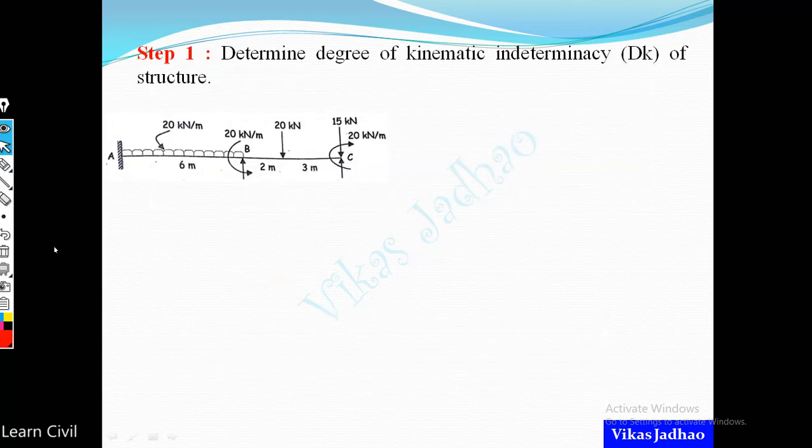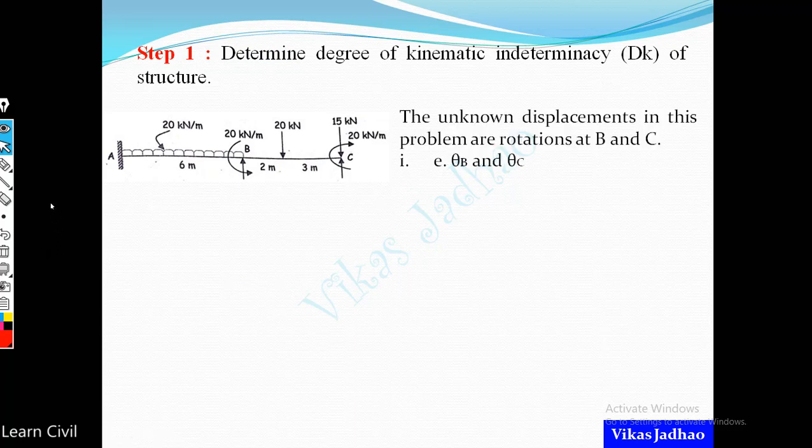Step number 1 is to determine the degree of kinematic indeterminacy of structure. Now for this particular structure, you can see here the deflected shape. The deflected shape will be something like this.